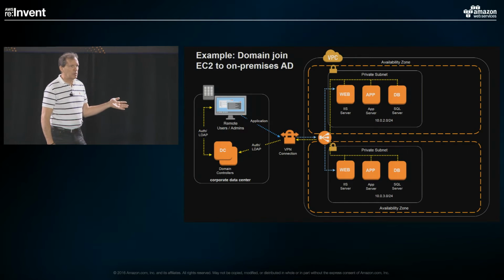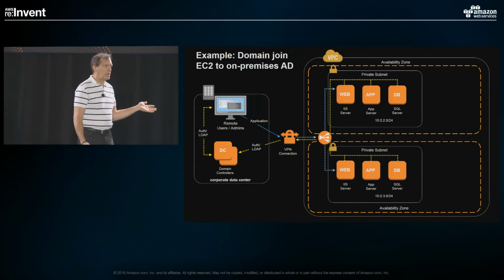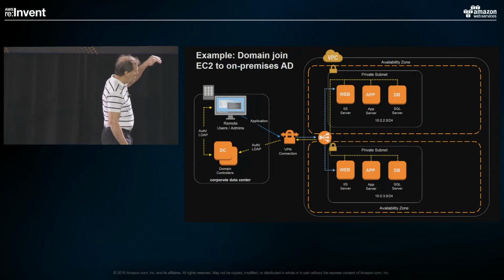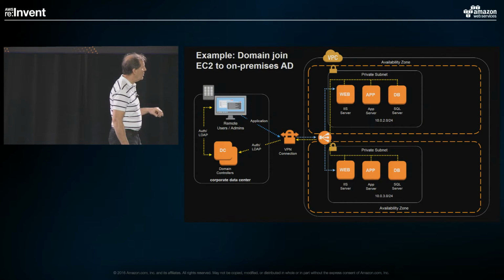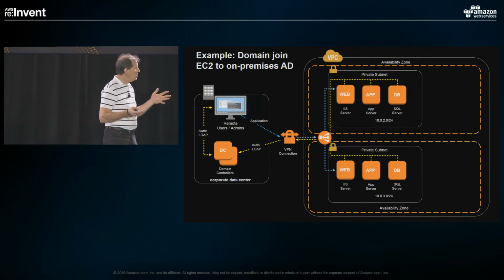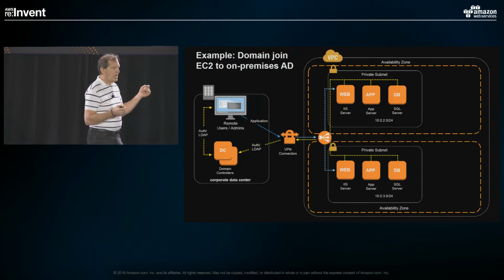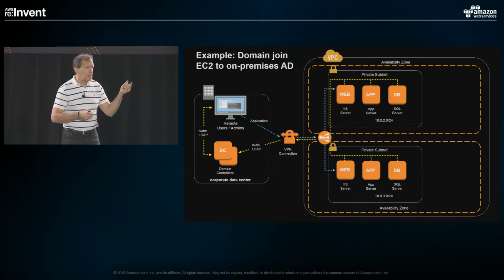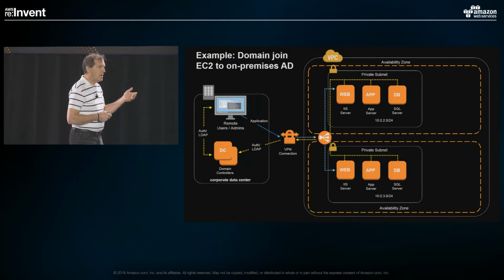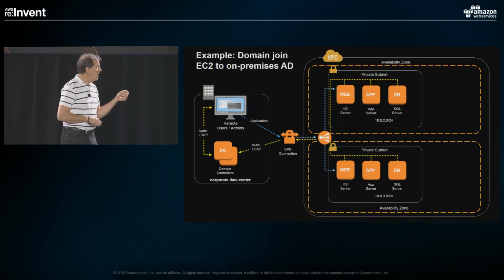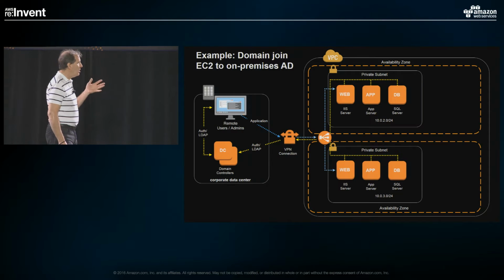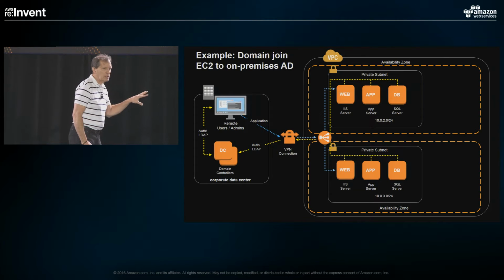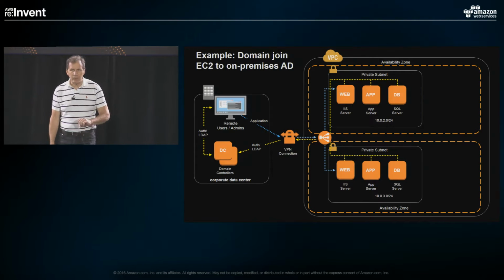Now, as you have users that are in your on-prem network that need access to the applications that are running in the cloud, the blue line is where those application queries are going, and they're hitting those applications in the cloud. The applications are able to get the Kerberos ticket from the client. They're able to use the fact that they're domain joined to verify the user and identify which groups they're part of and apply the access control policies to run those applications. So that's a model that's been out there.